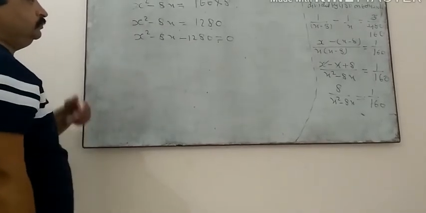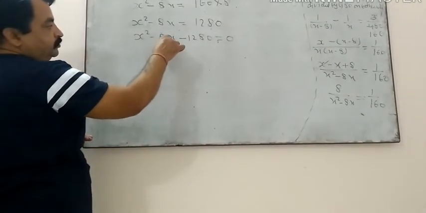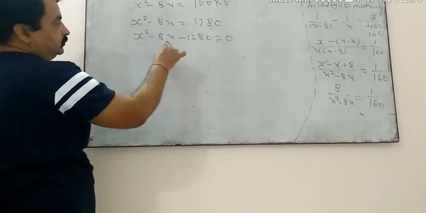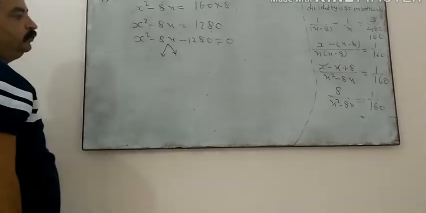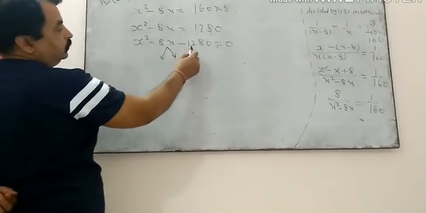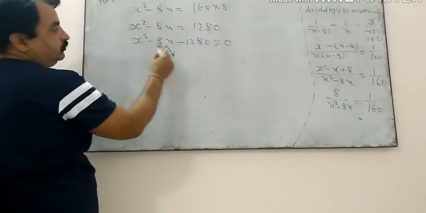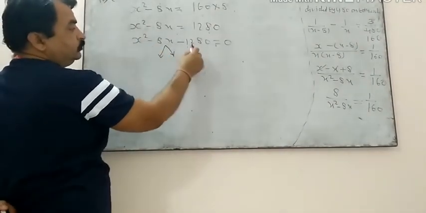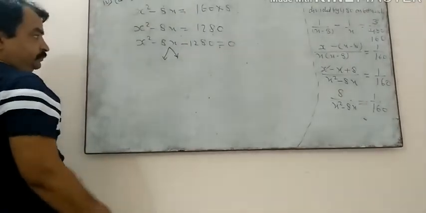Now if you want to find the speed of the train, then you just split this part, right? This one. Okay. So what you get? Take the factor: the x square coefficient is 1 only. So 1 into minus 1280. Take out the factors for 1280.